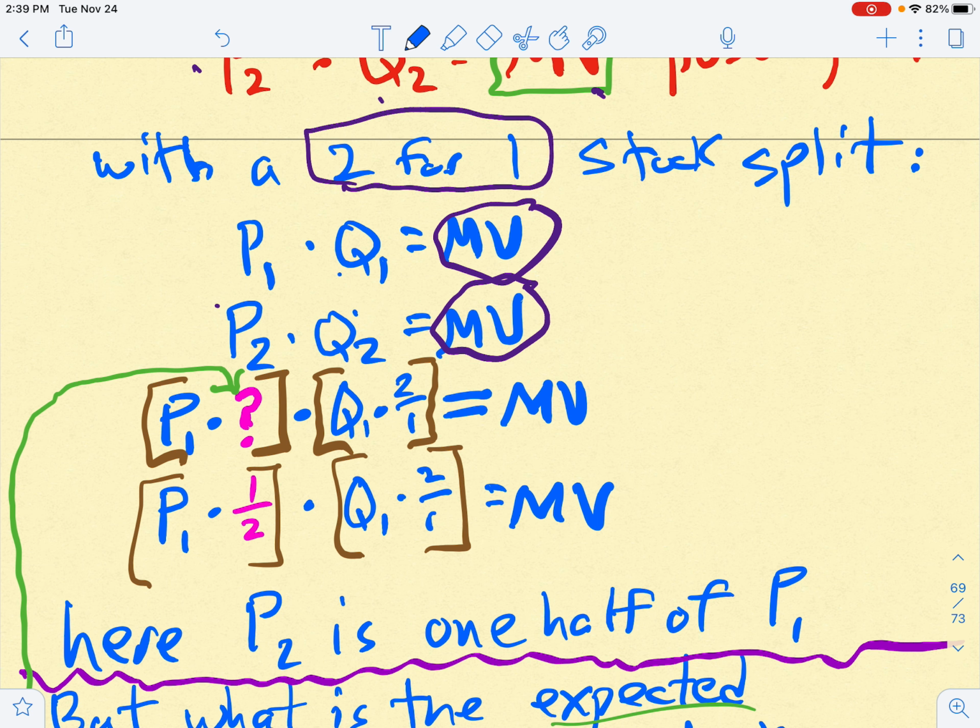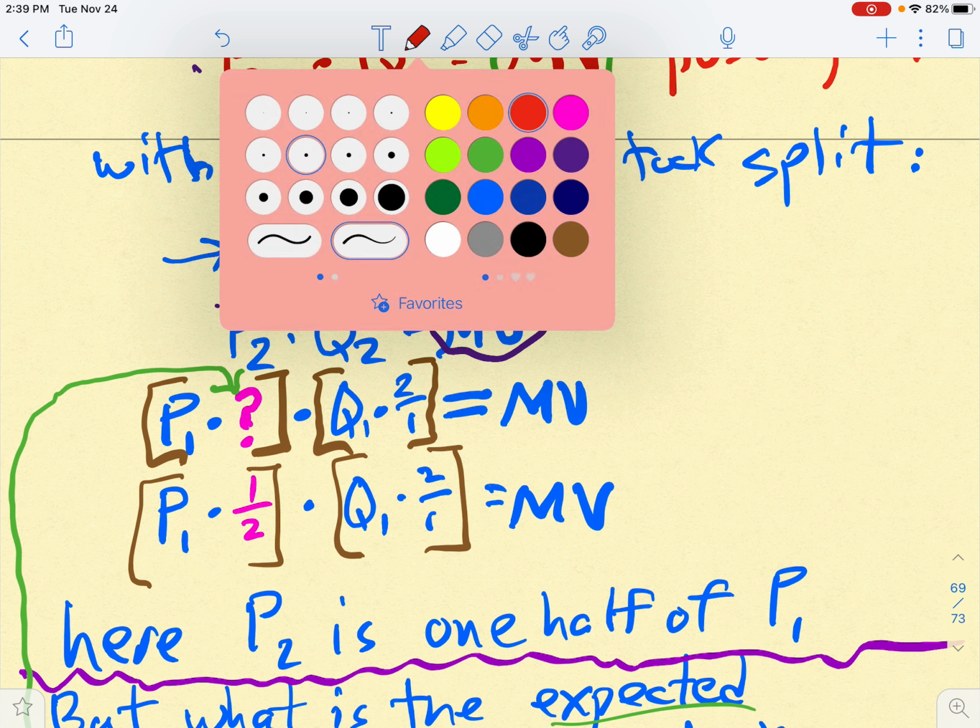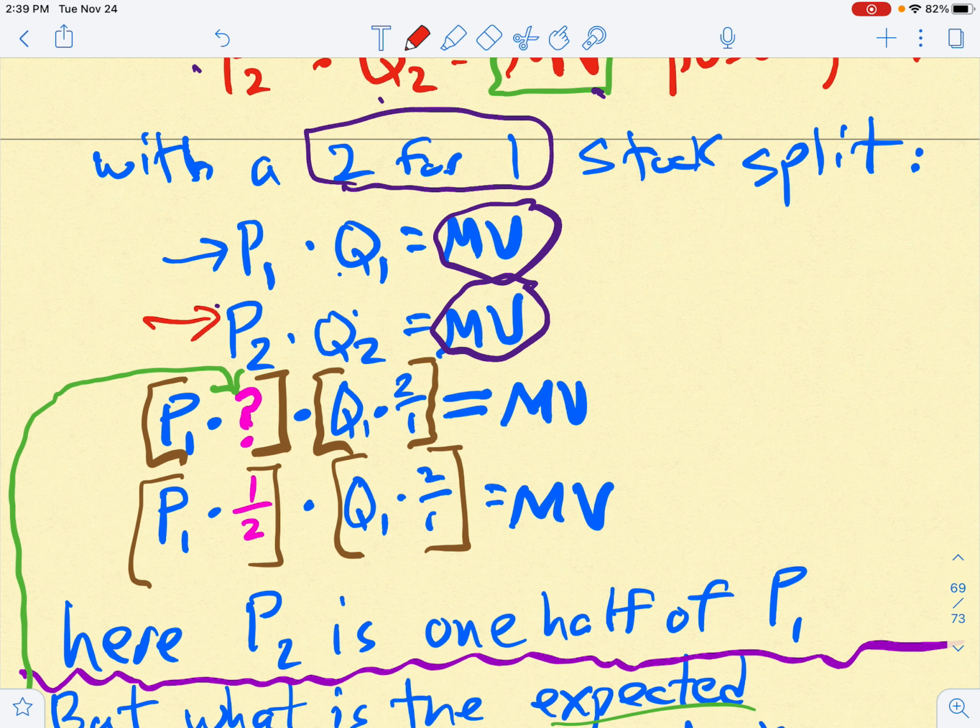So P1 times Q1 equaled market value, okay? New price P2 times new quantity Q2 has to equal the same market value. These are the same. They are equal.